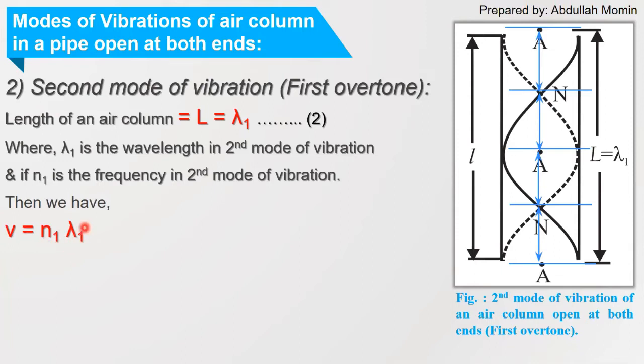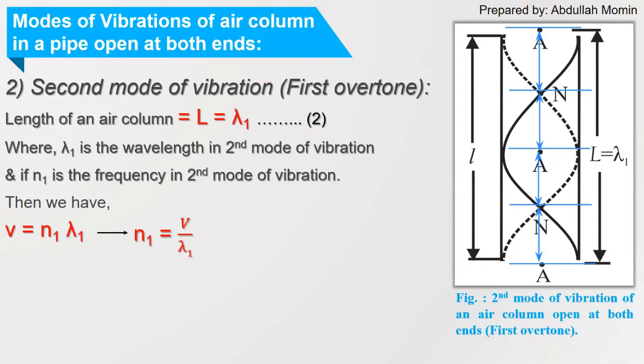From this equation, if lambda 1 goes to the other side, it comes in division with V, and the equation of N1 can be written as V upon lambda 1. Now instead of lambda 1, we put L from equation number 2.